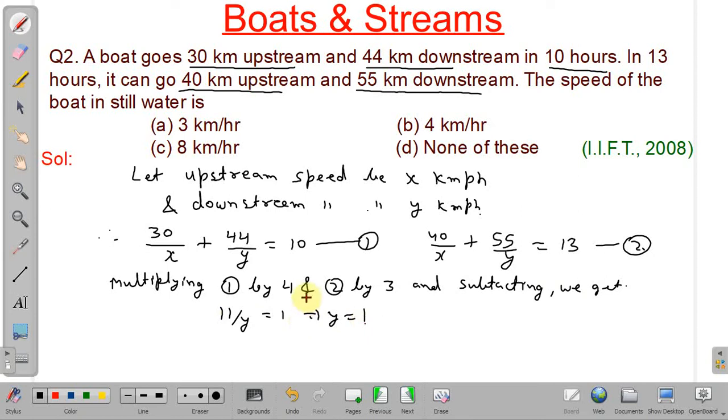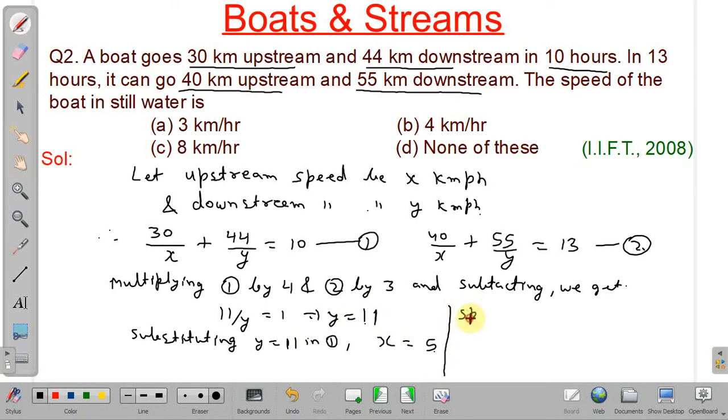And substituting this value of y either in equation 1 or 2, we can find x. Substituting y equal to 11 in equation 1, we can find value of x as 5. Okay. Now we know upstream speed is 5 km per hour and downstream speed is 11 km per hour. Now we have to calculate the speed of boat in still water.